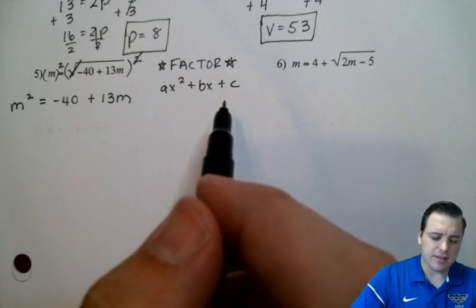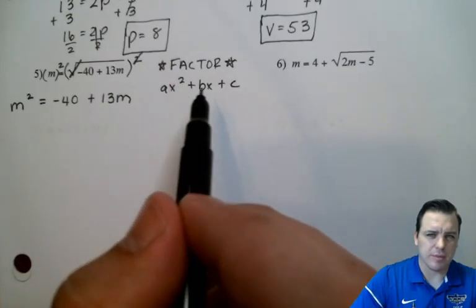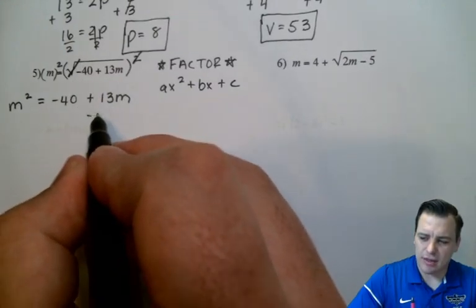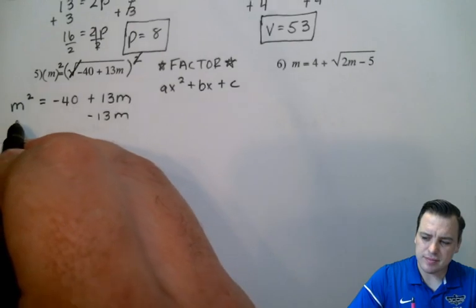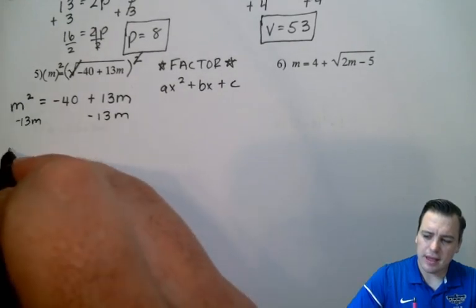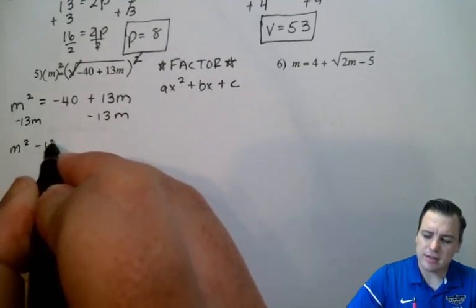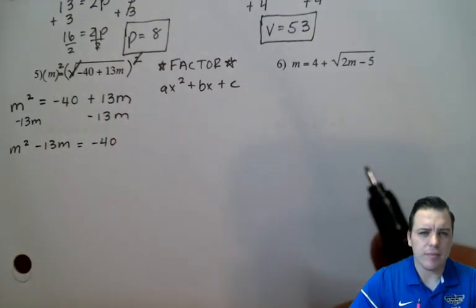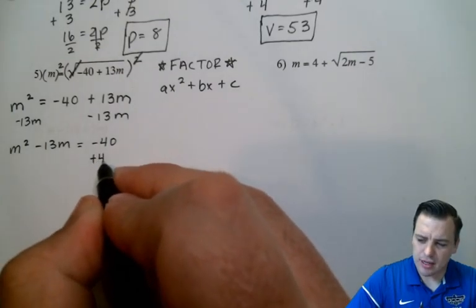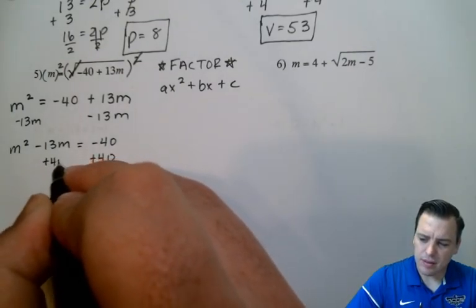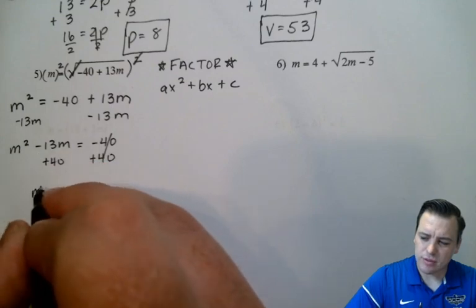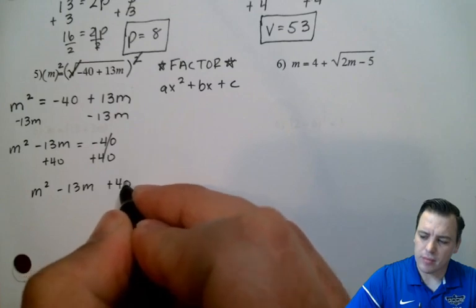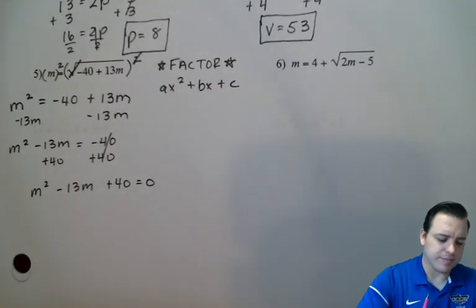Now this doesn't look necessarily like ax squared plus bx plus c, but we need to move it to where it looks like that. So I'm going to need to subtract 13m from both sides. That gives me m squared minus 13m equals negative 40. And then I need to add 40 to both sides. Cancels. I got m squared minus 13m plus 40, and that's equal to 0.